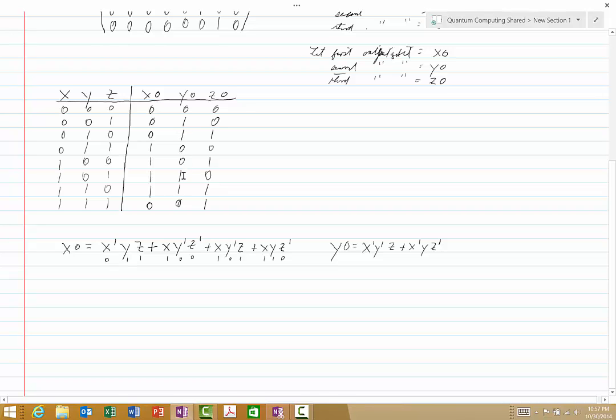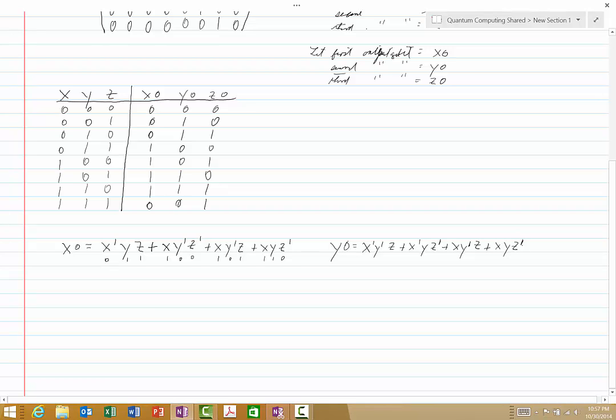And then down here for this one, we have x, y prime, z. That's down here in the sixth row, x, y prime, z, to get this one right here. And then finally, x, y, z prime to get this one.